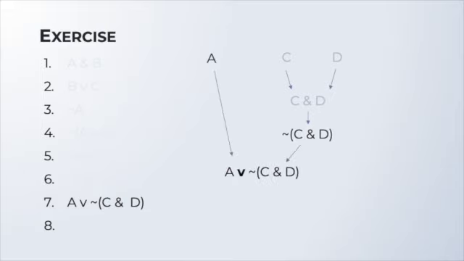Finally, use the V to join the atomic sentence A and the compound sentence tilde C and D. So, as you can see, the whole sentence counts as a disjunction, whose left disjunct is an atomic sentence, and whose right disjunct is the negation of a conjunction.